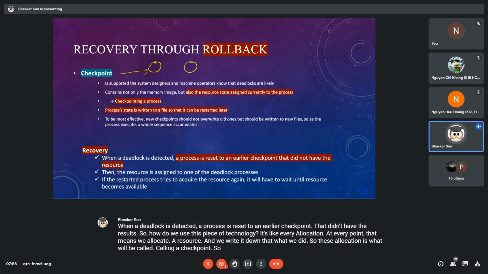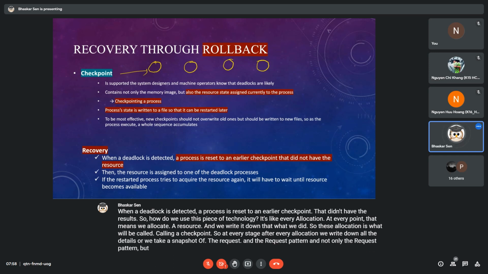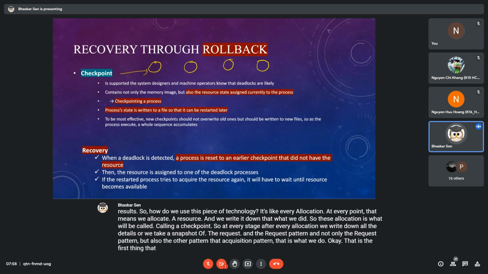After every allocation, we write down all the details, or we take a snapshot of the request pattern, and not only the request pattern, but also the acquisition pattern. That is the first thing that we do all the time.